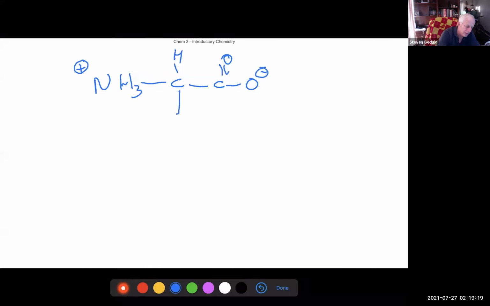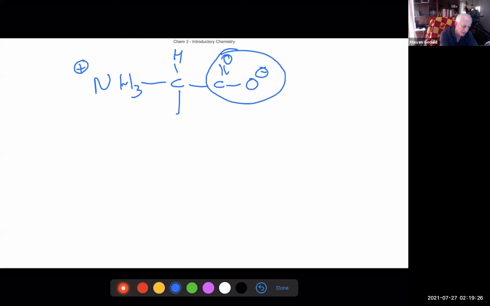Every amino acid has this carbonyl group here, the carboxylic acid, and the nitrogen amine group here. And then this part here is different.